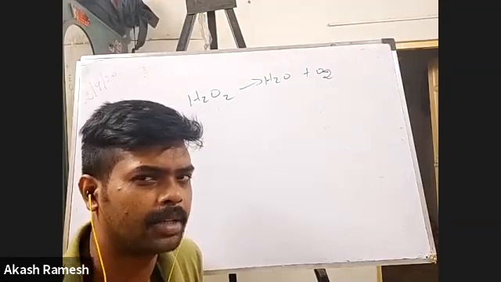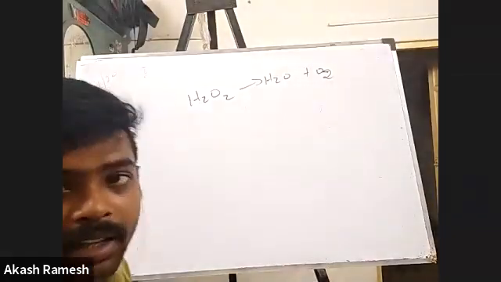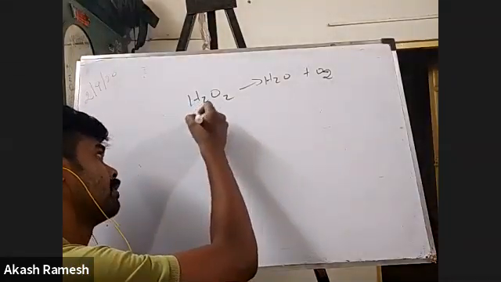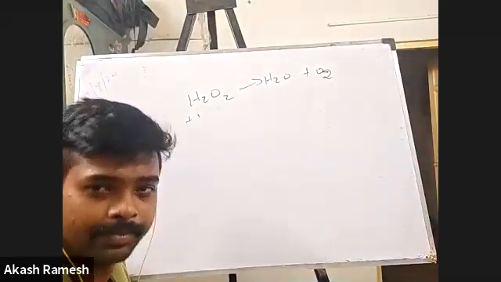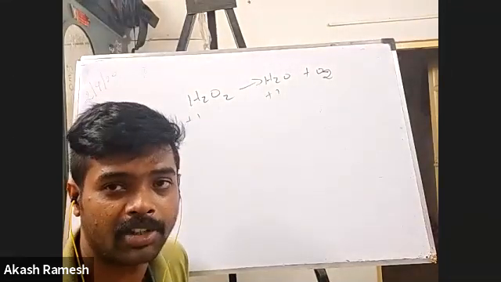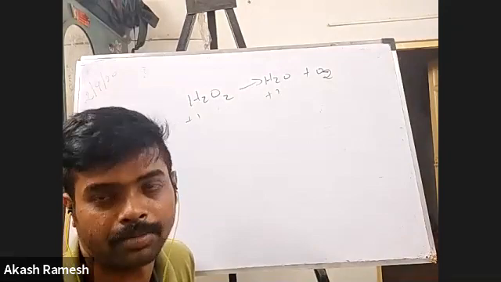And I think from the reaction you will be able to get whatever I'm saying. If I look at hydrogen, for example, it is in +1 oxidation state in H2O2, and also +1 in water. So hydrogen, nothing is happening, no reduction, no oxidation, right?